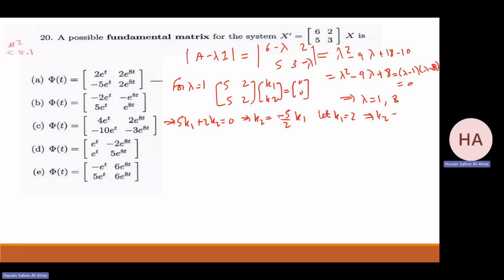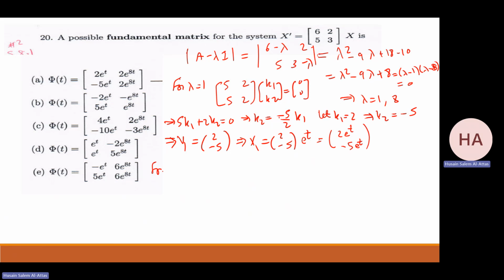I'm getting k2 equal minus 5. So v1 equals 2, minus 5. So x1 is 2, minus 5 times e to the power t, which is 2e^t, minus 5e^t.